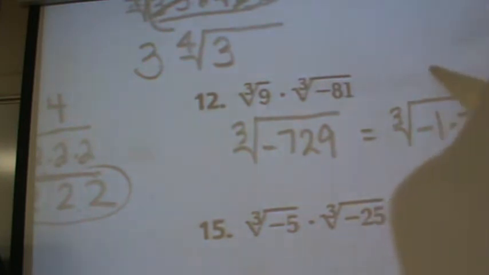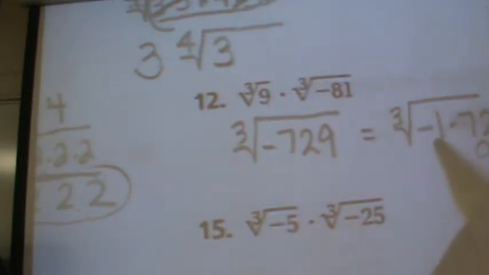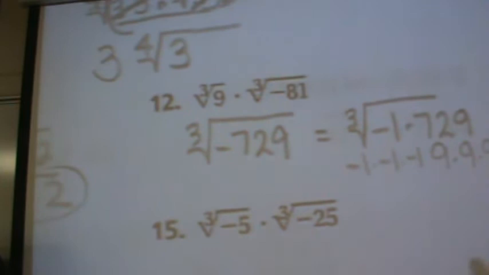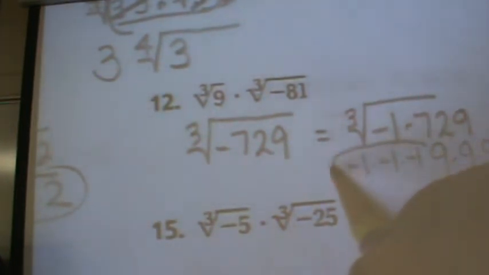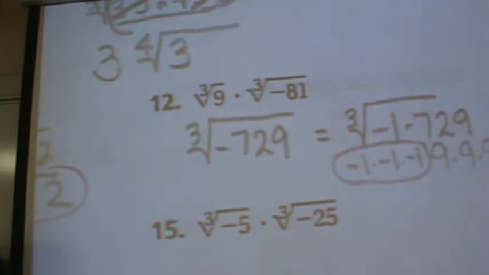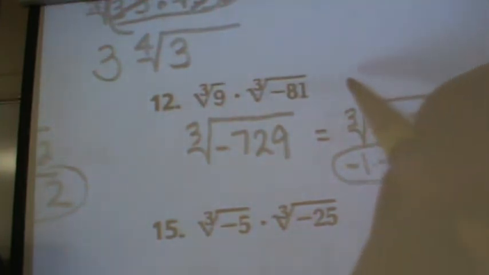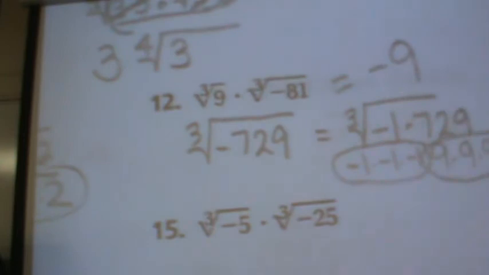It's 9. 9 times 9 times 9 is 729. And -1 times -1 times -1 is -1. So do you see 3 sets of something? 3 sets of -1 and 3 sets of 9. What do you think the answer is here? Negative. You got it, -9.